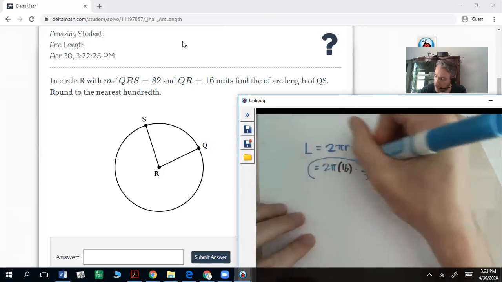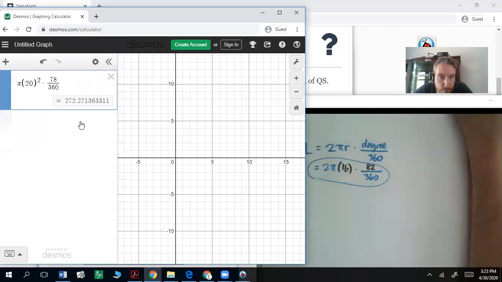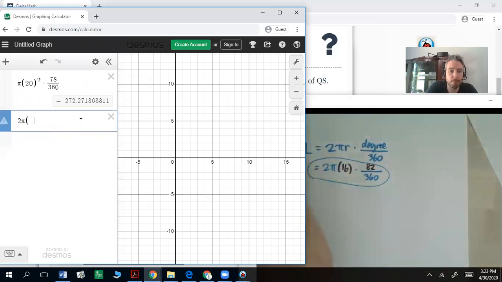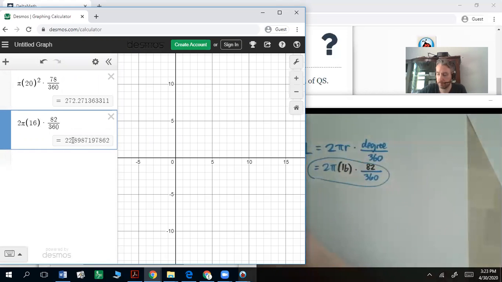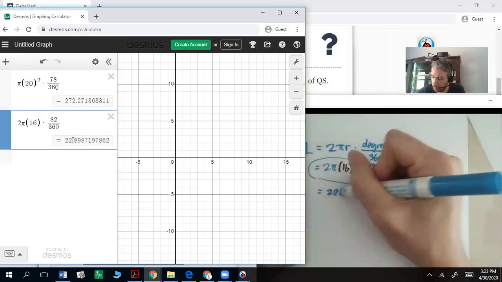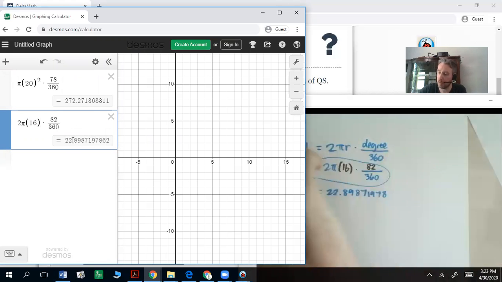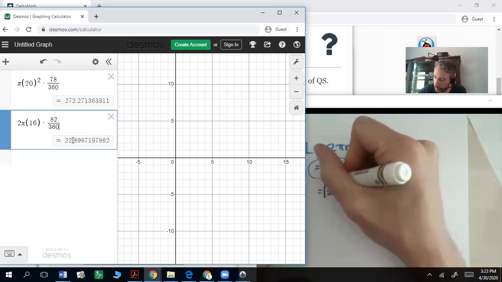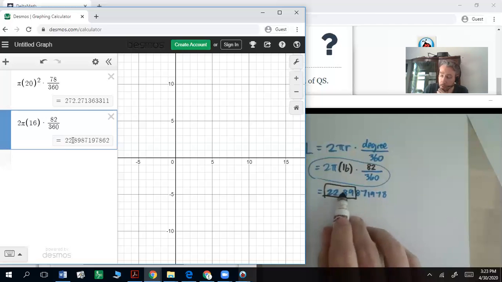And we're going to throw that into Desmos or whatever calculator gets you that answer, and we'll see what we get. And I'm looking at 22.8987. And if I'm rounding that to the nearest hundredth, this one is going to require a couple movements, right?